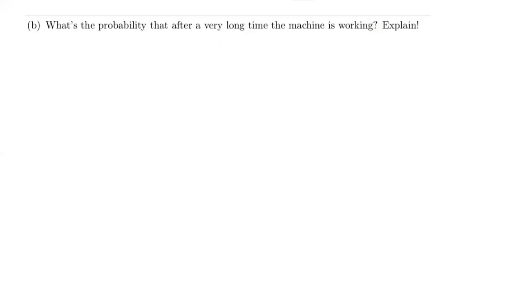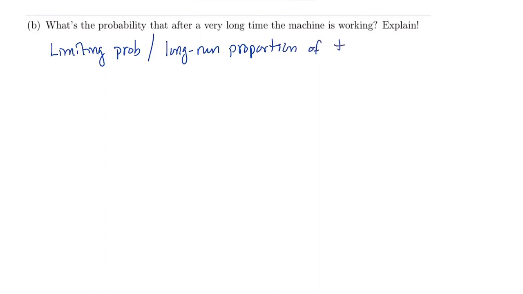So this is a limiting probability or a long run proportion of time in the working state, which is state 0. And in Markov language, what we want here is pi 0, the stationary distribution or limiting distribution for the state 0.